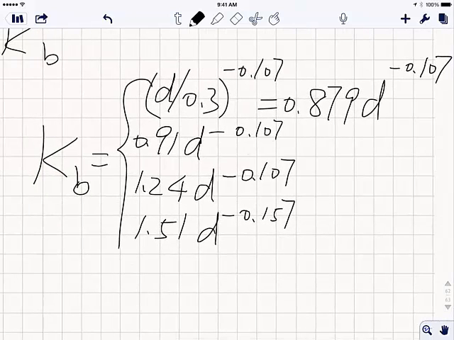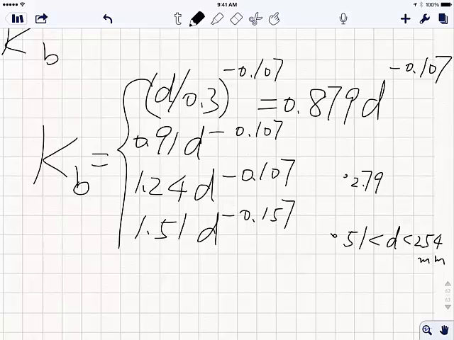254 millimeters is for this case, and over here is 51 to 254 millimeters, or if you use inch, here is 2 inch to 10 inch, and the first one is 0.11 to 2 inch.